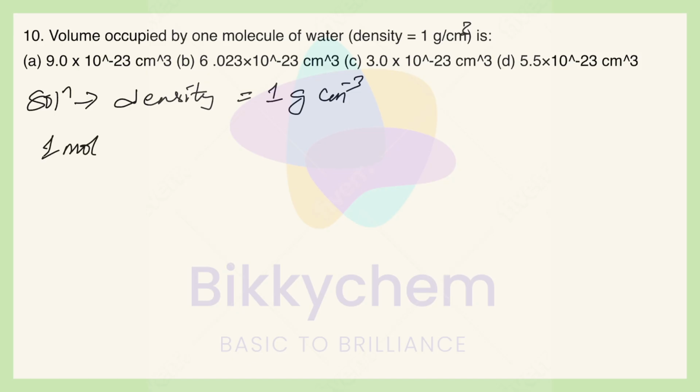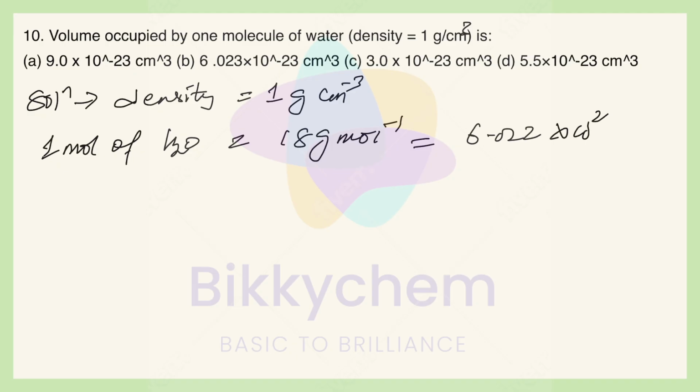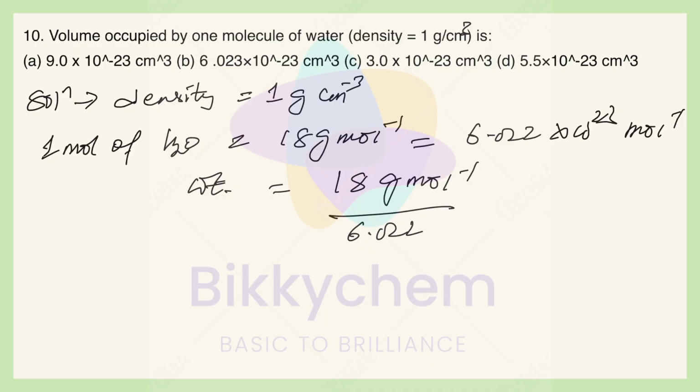1 mole of H2O is always equals to 18 gram per mole, which is equals to 6.022 into 10 to the power 23 mole inverse. Now we know that weight can be written as 18 gram per mole divided by mole inverse.